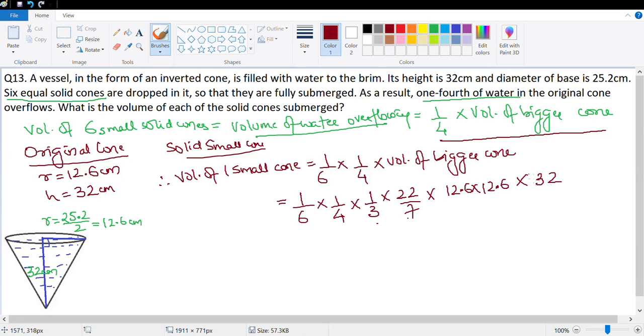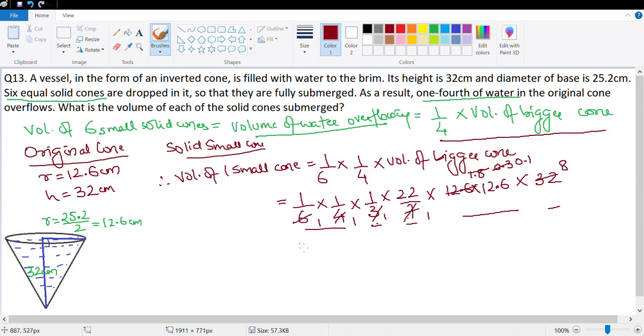Let me just confirm. 1 by 6, 1 by 4, that's fine, and this is 1 by 3 pi r square h. Done. 7 into 1, 7 ones are 7, that's 56, so that's 7 eights are 56. This is 6 into 1, and this is 6 into 0.3. Yeah, that's fine. 3 into 1, and this is 0.1. 4 into 1 and 4 into 8.